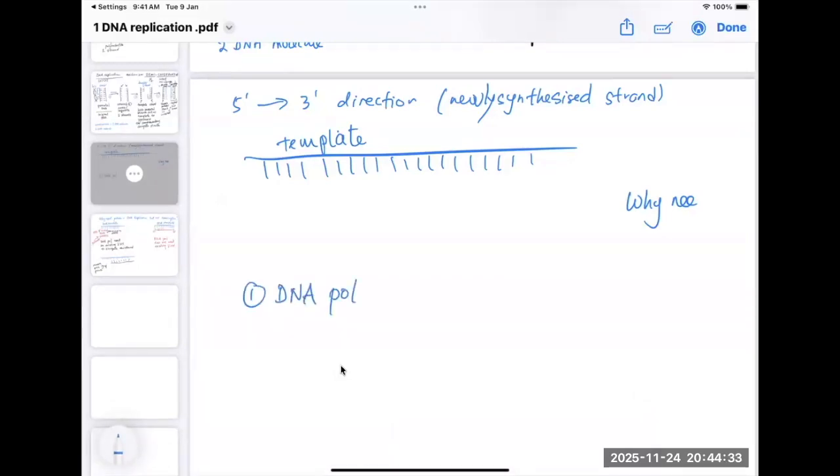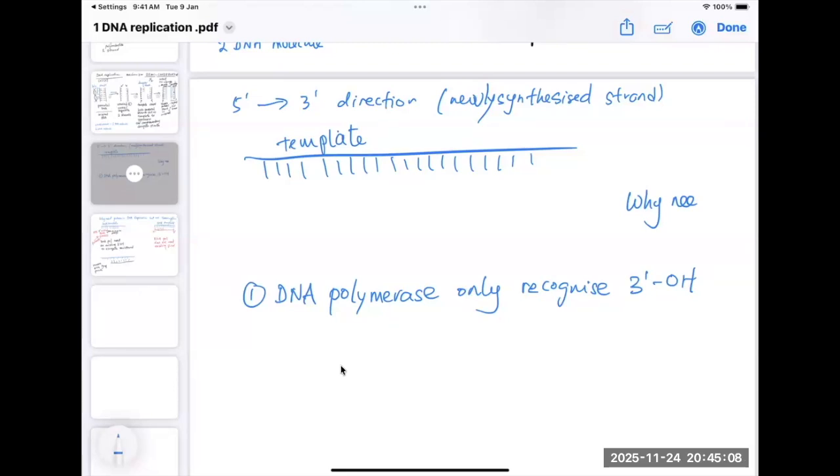What's the function of DNA pol? To add the nucleotides. Polymerase, add and join, right?